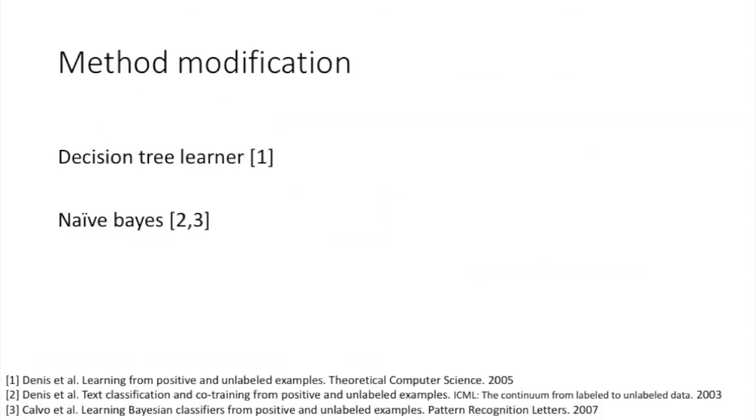So now we've seen the post-processing methods, the pre-processing methods, and finally we get to the method modification. Most of the method modification methods that have been proposed in the literature are actually based on the last weighting scheme. So the problems that I just showed that we have with the decision tree learners and the naive Bayes were already addressed in the literature to handle the edge cases.